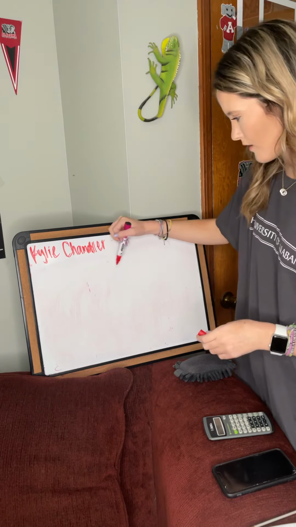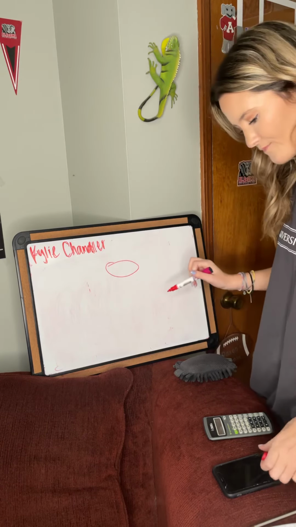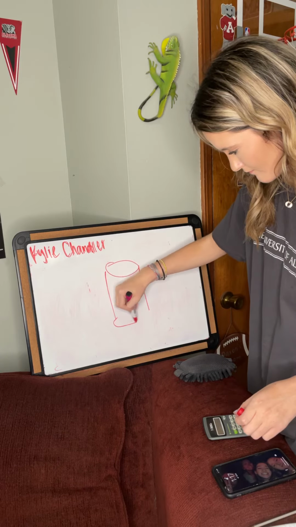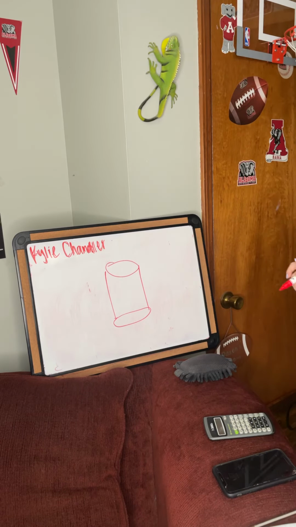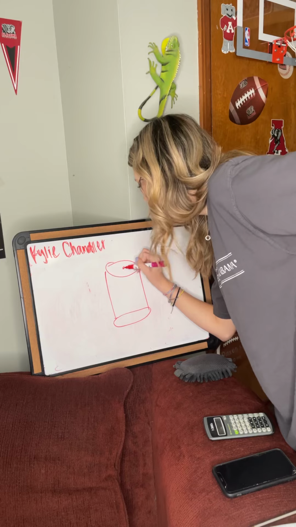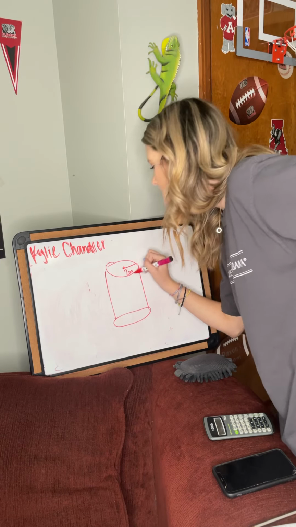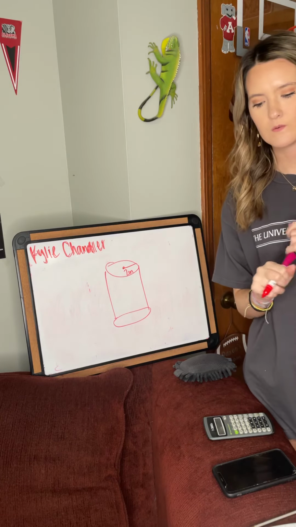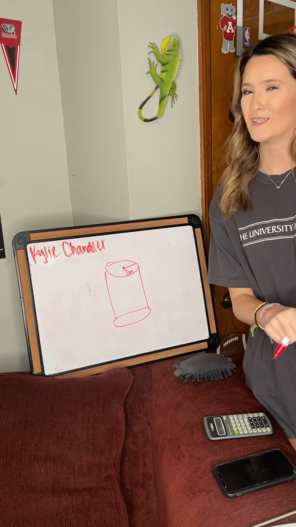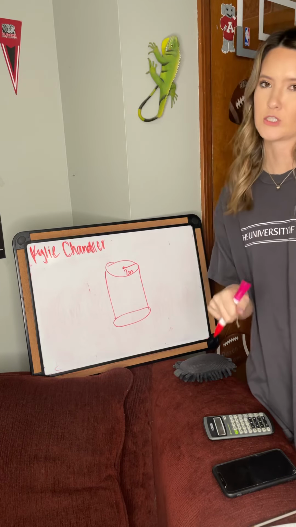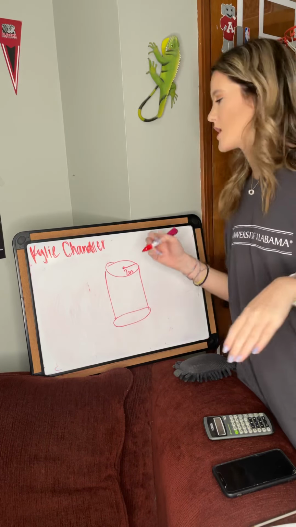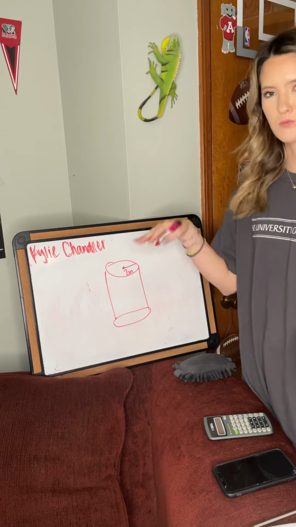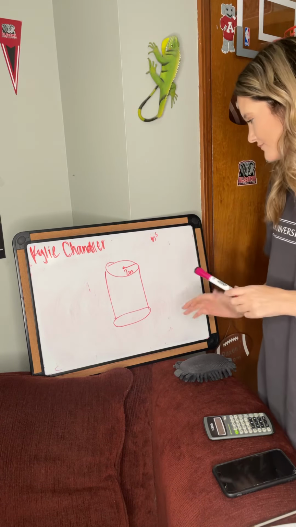So we're going to draw a circular cylinder. Okay, and we're gonna make this 2 inches. And remember, when finding the answers for a problem in volume, our answer is always going to be in cubic inches. So at the end of every answer, make sure we have cubic inches, which is written like inches with an exponent of 3.